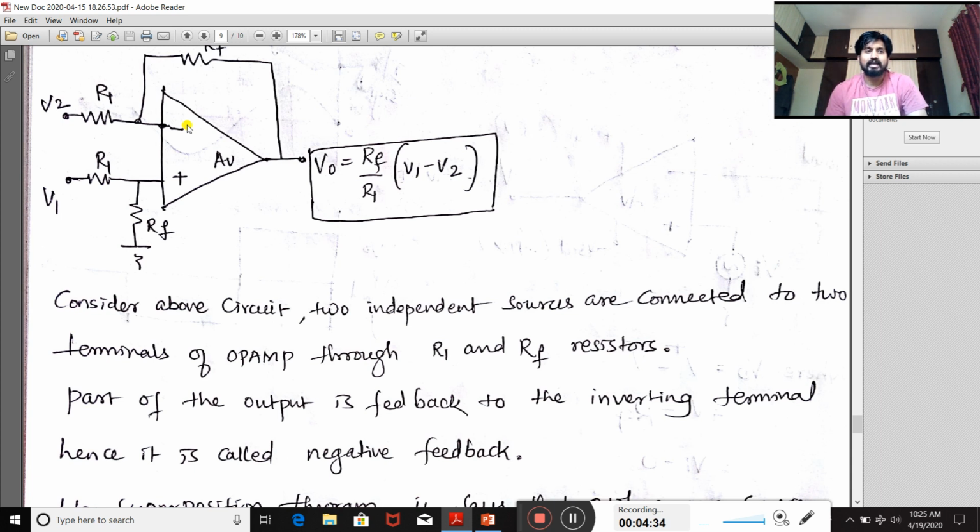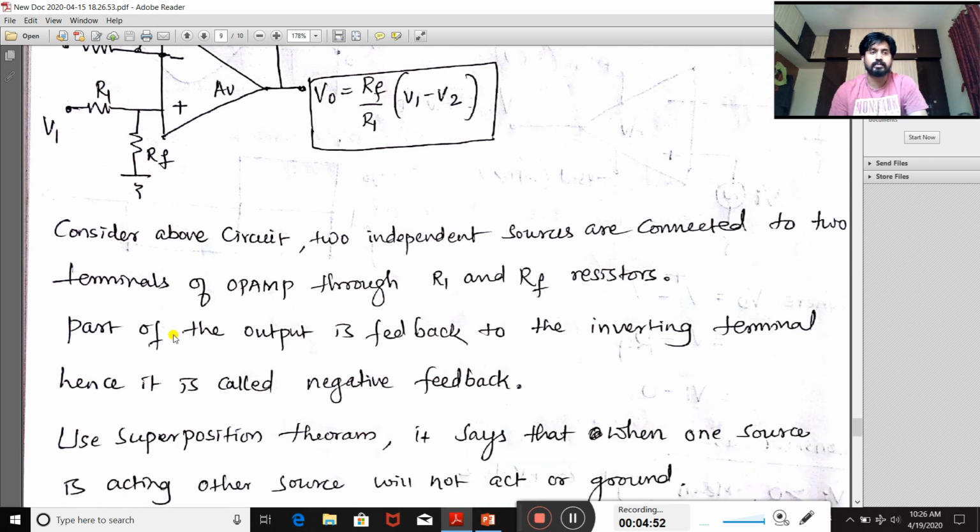After deriving with one acting and the other grounded, the resultants of both these voltage expressions are added together to get the total value. So let's see how we will do it.